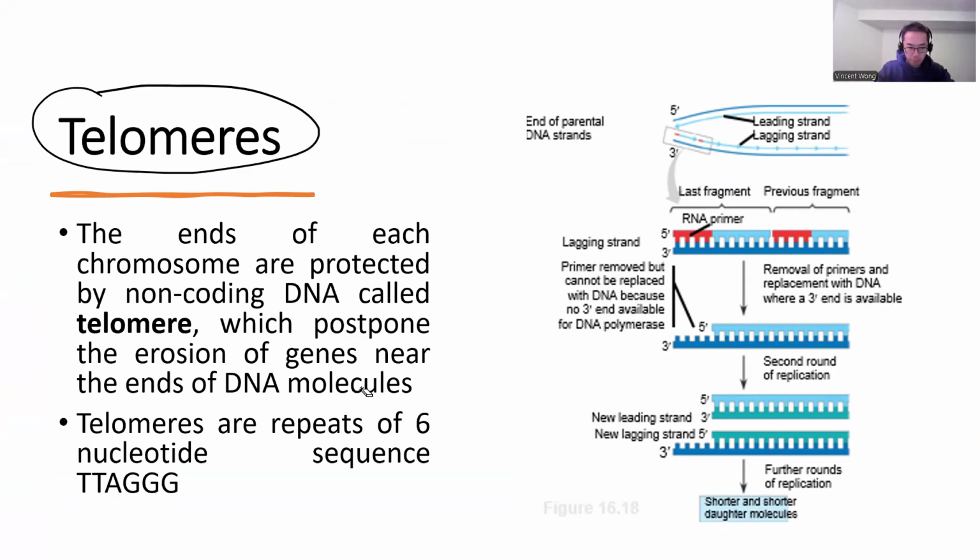They are basically just repeats of 6 nucleotides, TTAGGG, and it's going to be repeated a couple hundred times. Okay, TTAGGG, TTAGGG, just like that. And they don't do anything other than being there at the ends of the DNA, and basically delaying the erosion of actual important DNA.